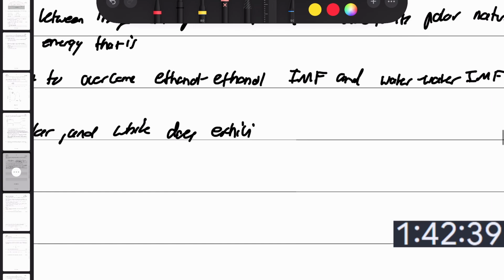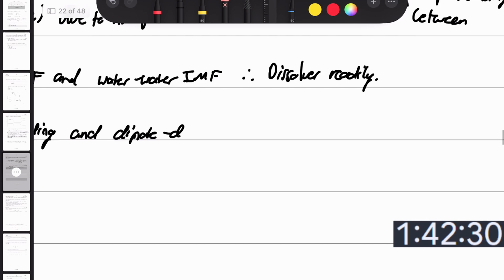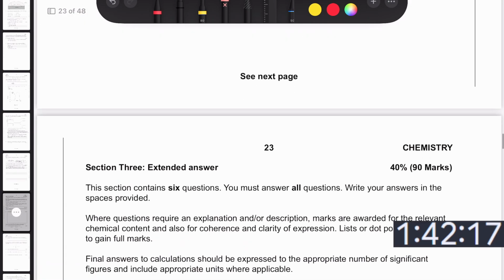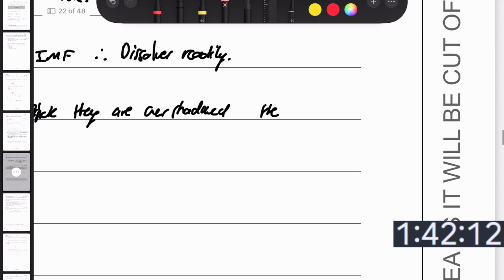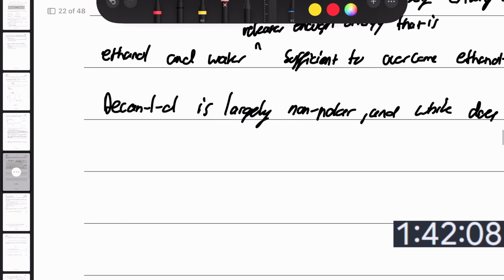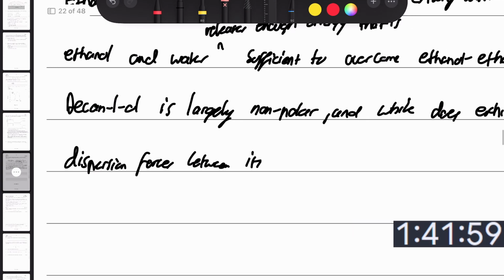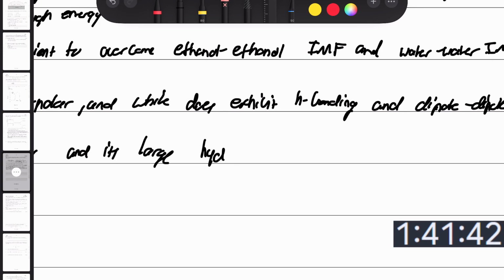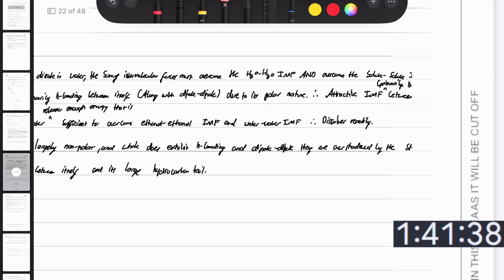Does exhibit H bonding and dipole, but they are overshadowed by the much more powerful dispersion forces between itself, and its large hydrocarbon tail.